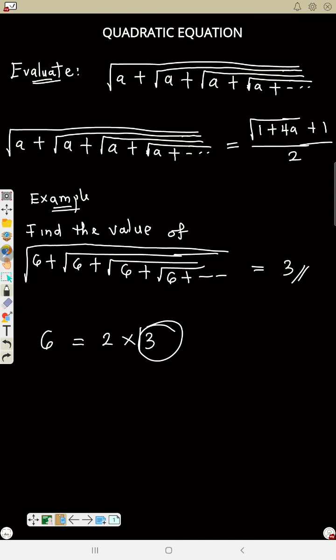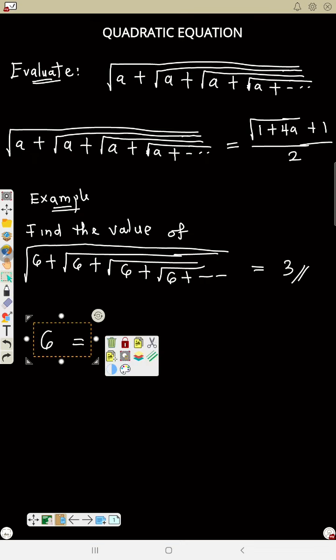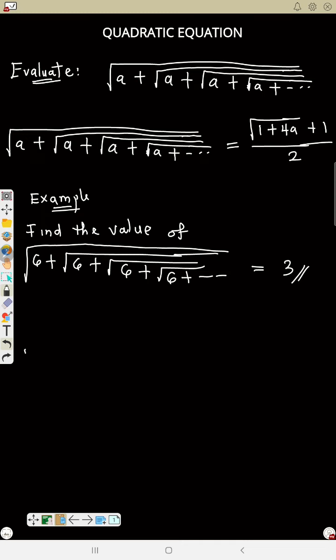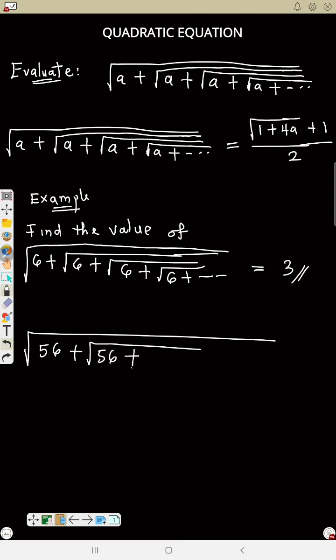That's another way. So now let's say I have the square root of 56 plus the square root of 56 plus the square root of 56, plus like that.